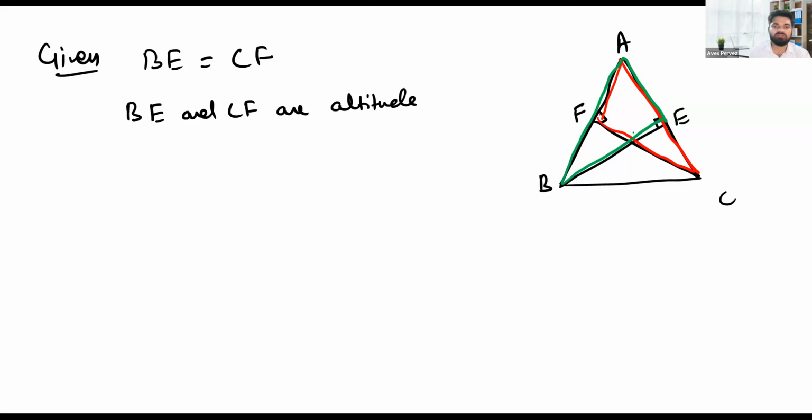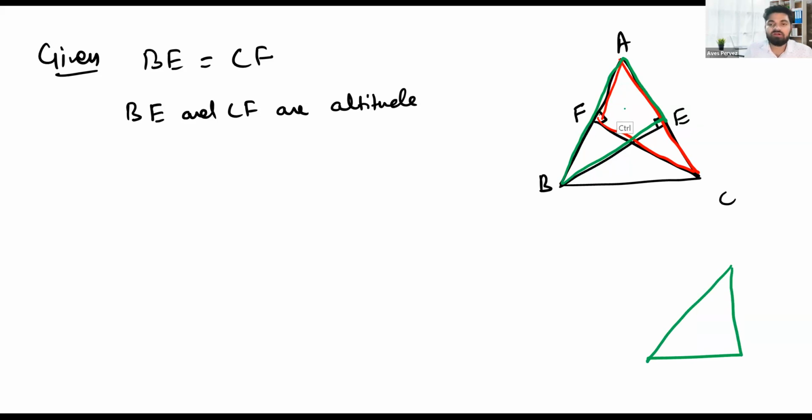AB is the hypotenuse. And in triangle AFC, the red one, which is the hypotenuse? Rima, tell me. The side in front of the right angle is called the hypotenuse. So in triangle AFC you have this angle as 90 degrees, so this is the hypotenuse.